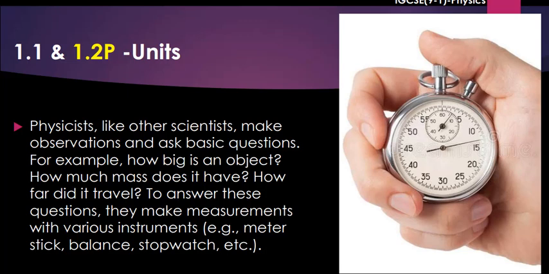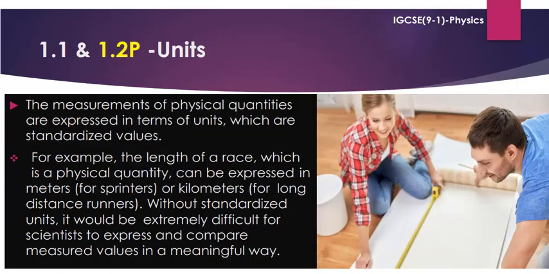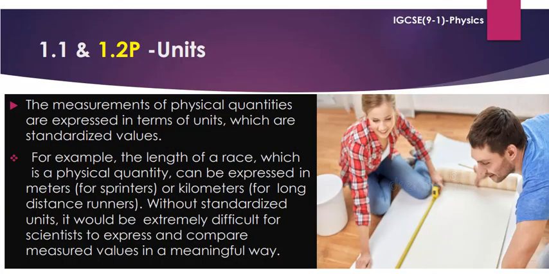When you take a measurement, you need to identify this measurement separately. For that purpose, we need units. The measurements of physical quantities are expressed in terms of units, which are standardized values.